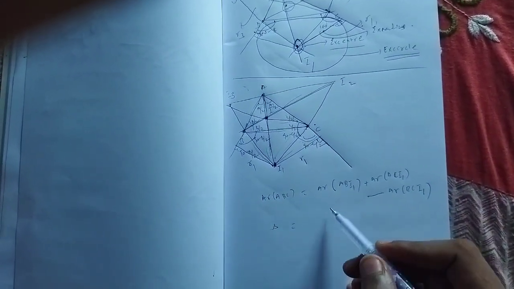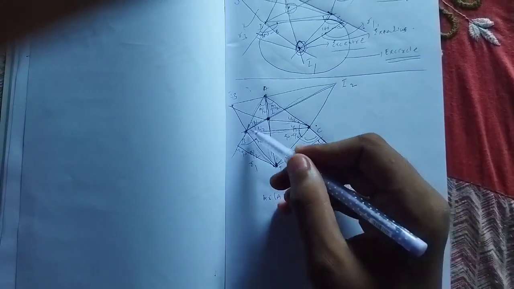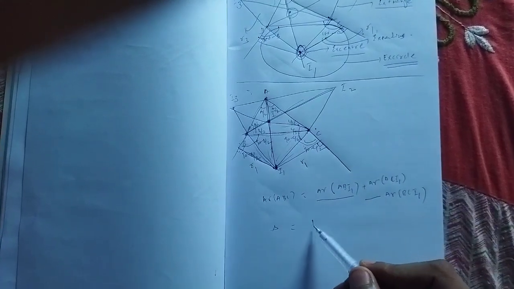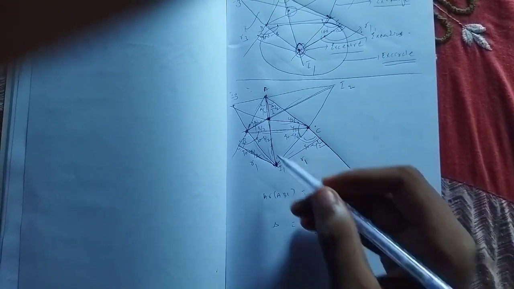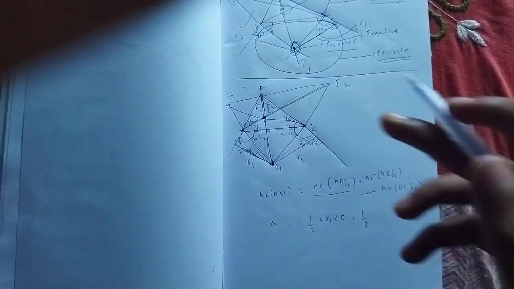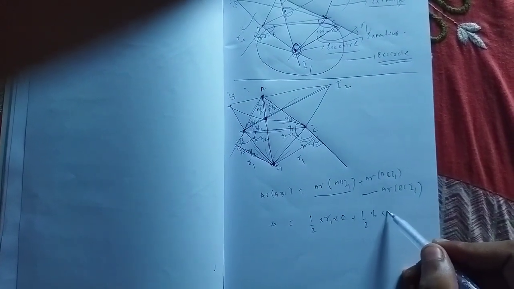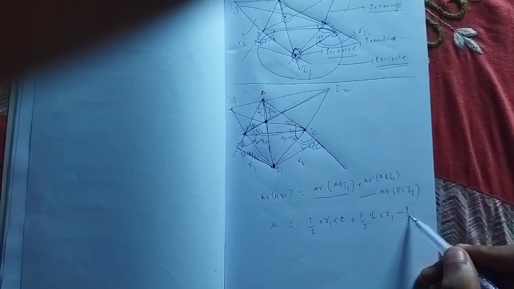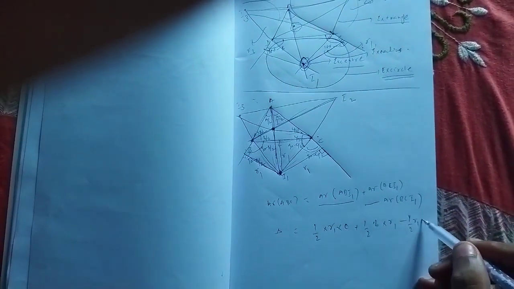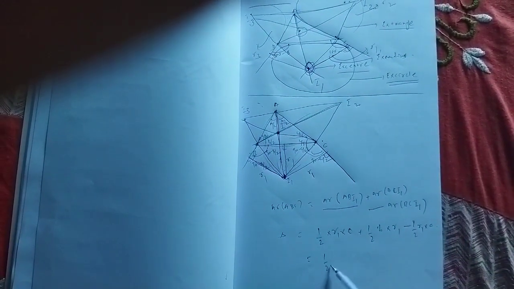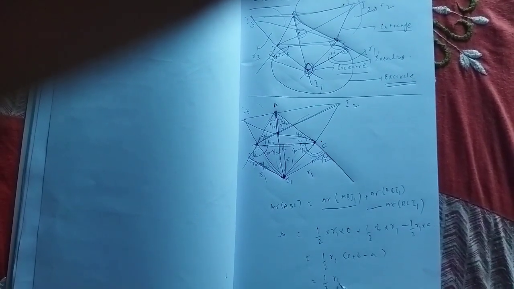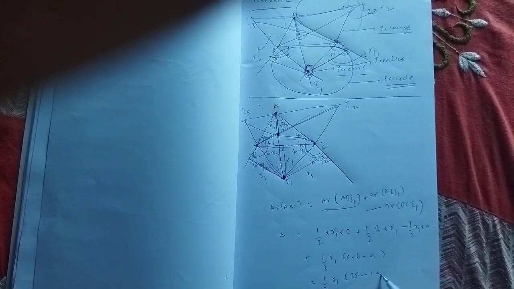So delta equals the area of triangle ABI1, which is an obtuse angle triangle, so the altitude is outside. Half height into base: half AB, which is C, into r1, plus half AC, which is B, into r1, minus half r1 into A. So half r1 into (C plus B minus A), so half r1 into (2S minus 2A).